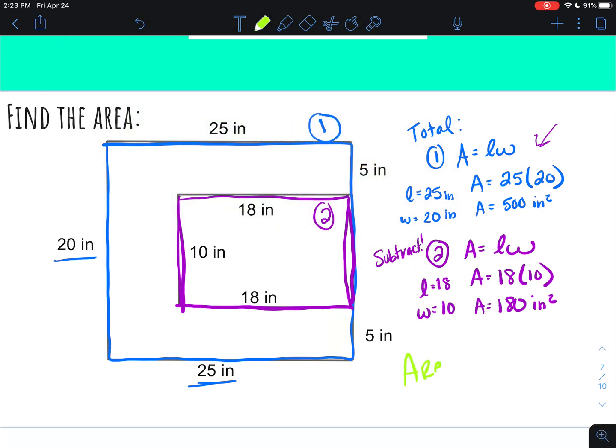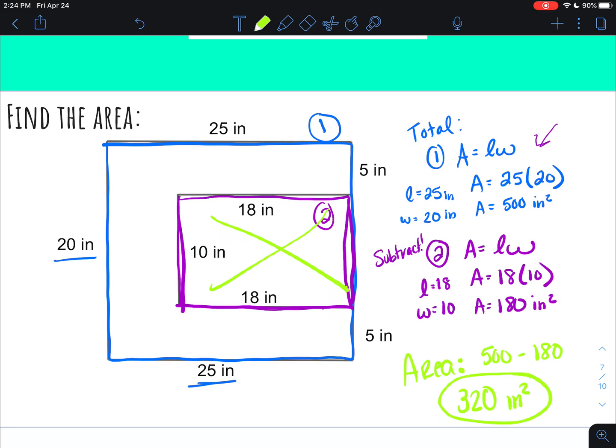So to figure out the area, it would be 500 minus 180. So take away what's cut out in the middle. We don't need that part right there. And 500 minus 180 is 320. So the area of the C is 320 square inches.